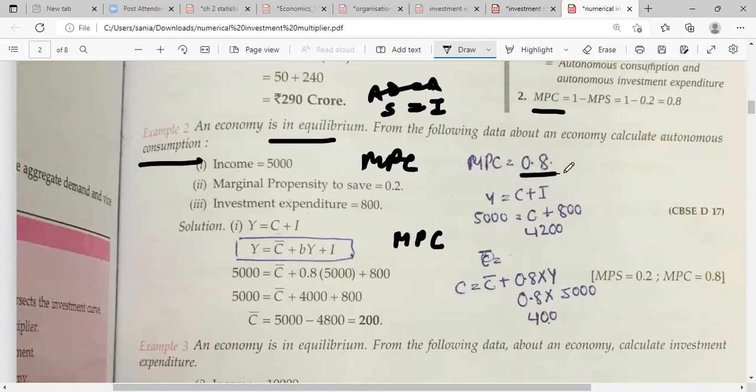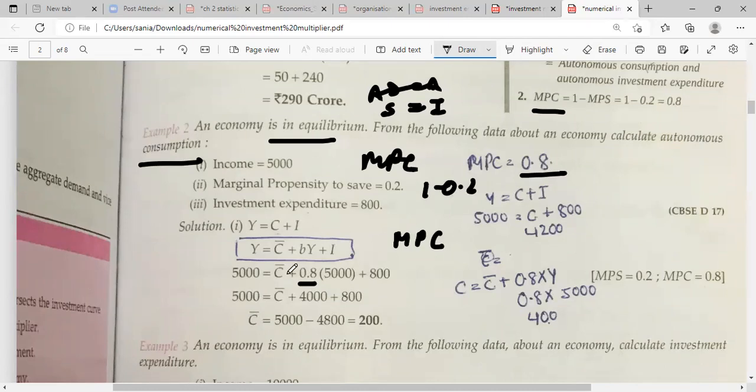Your MPC is 0.8 because 1 minus 0.2 is 0.8. So you write 0.8, which is MPC, and Y is 5,000, plus I, which is 800. Clear?